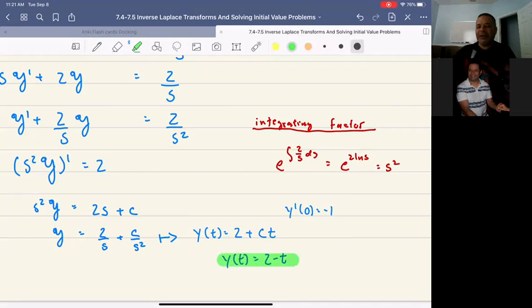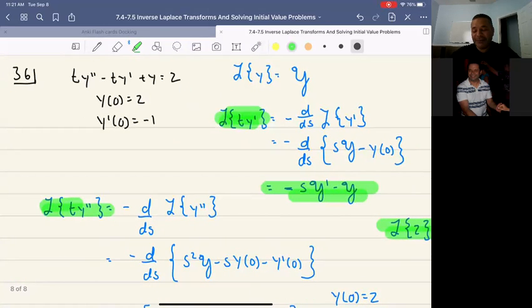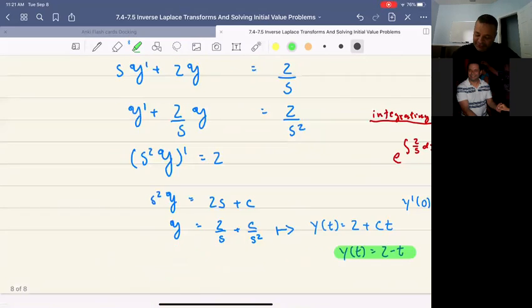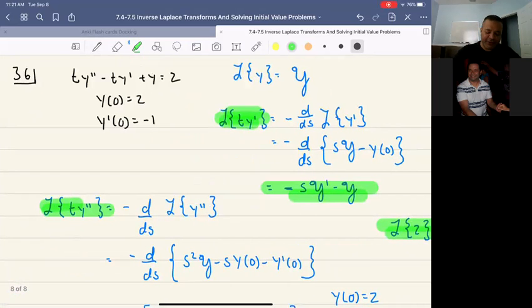I don't know about you guys, but when I got this answer, I felt so enormously cheated because I was like, all that for this? And then I look back and I go, yeah, it solves it, sure. Because y prime is negative 1, so this is 0 minus t.